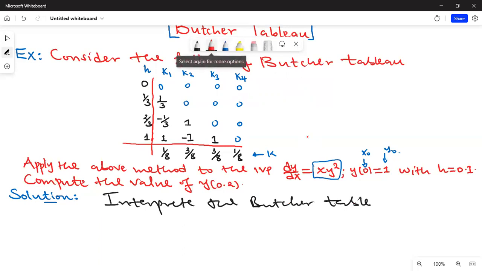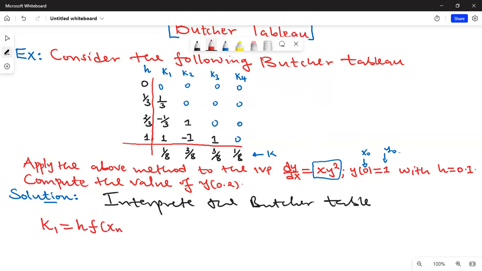So we start with k1, which is equal to, of course, always h times f of xn.